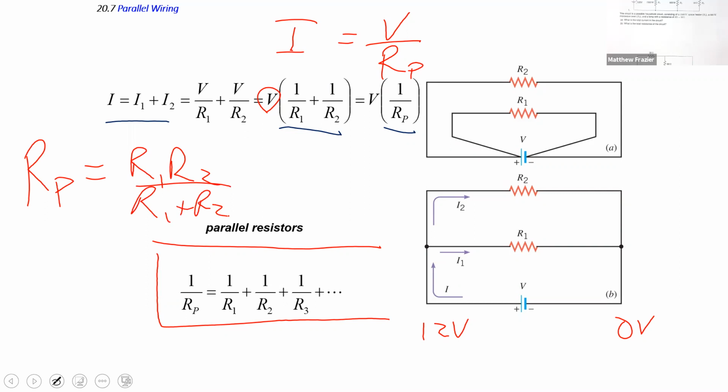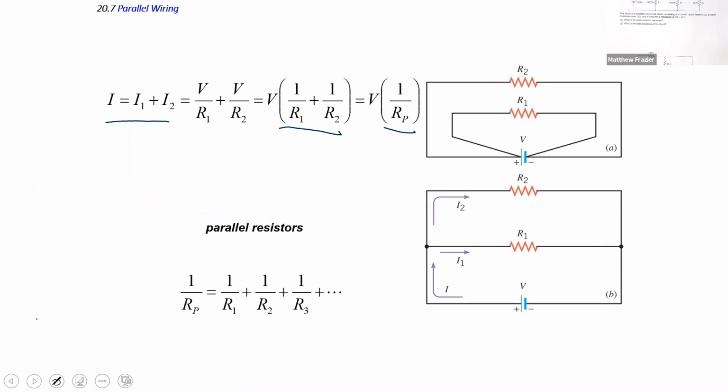You'll see that sometimes, but it doesn't accommodate 3 or more resistors. So it's better to use the thing that I've boxed here instead of another, what looks like a simpler rule.